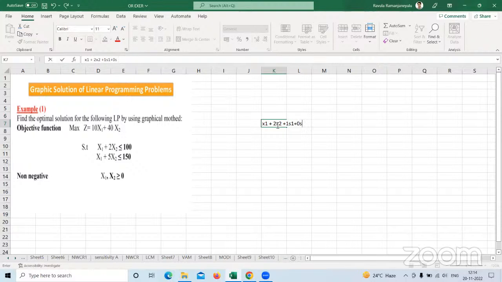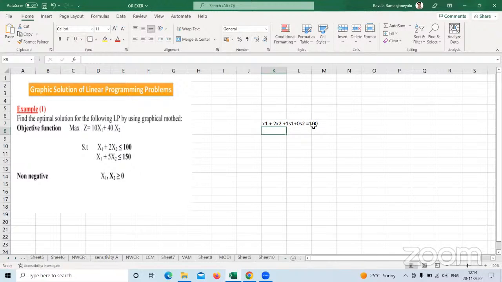Why 0s2? Because we need to add one more slack variable to the other equation. So for both combined, we can show it this way: equals 100. This is the first equation.